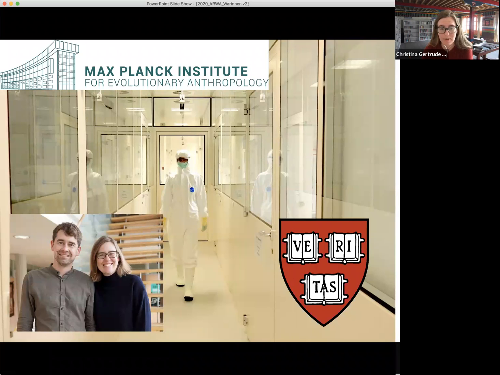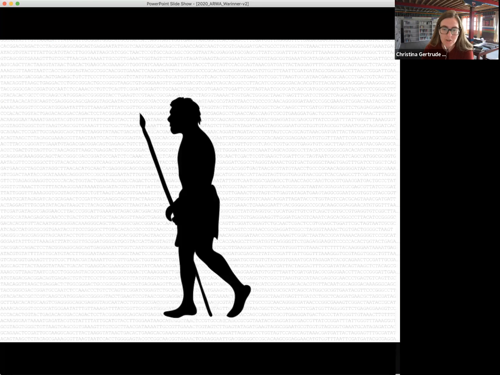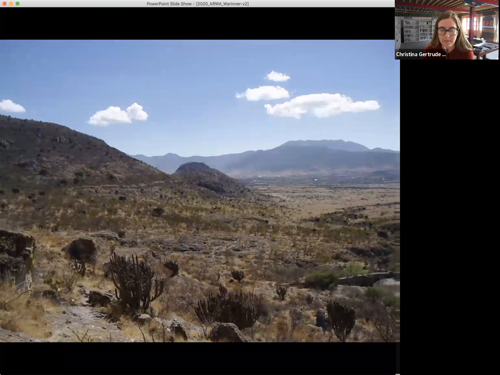So one of the things that I find really interesting and that drives a lot of the questions that I ask is trying to understand human behavior and how it's changed through time, in particular as it relates to diet. You know, how did we go from eating out of environments like this? This is a photograph I took from the site of Gila Naquitz in Oaxaca, Mexico.